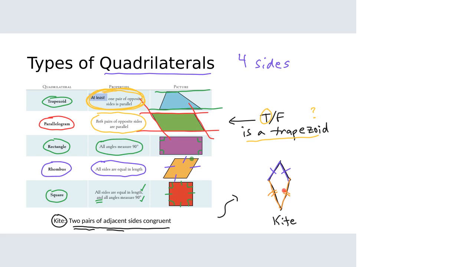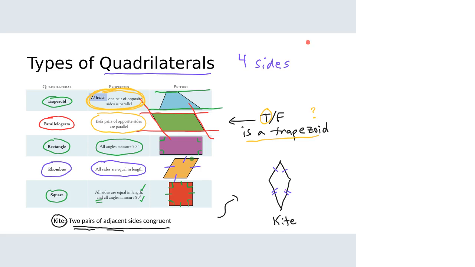The way we indicate that the two top ones are the same is by using one hash mark. And the way that we indicate the bottom ones are the same is with two hash marks. So we have our kite like this, and we want to say these two are the same as each other, and these two are the same as each other.